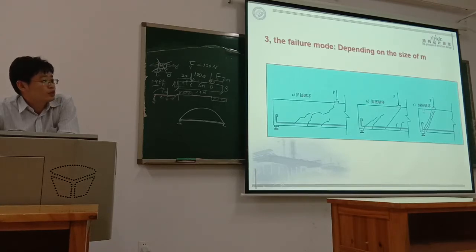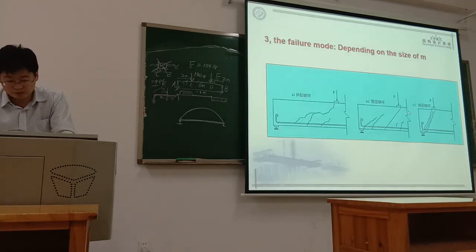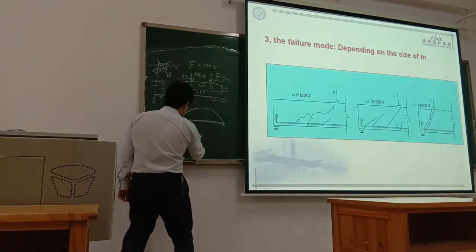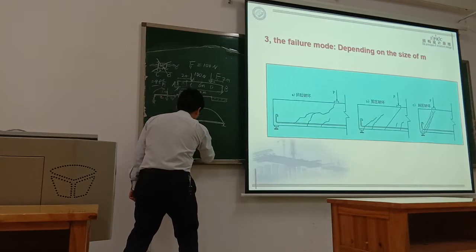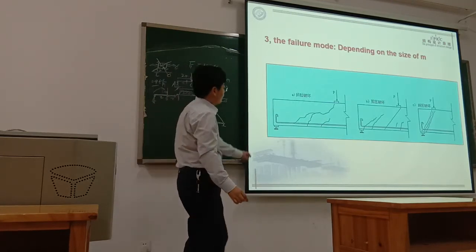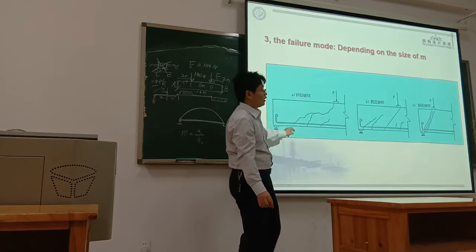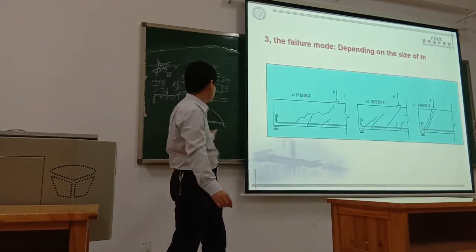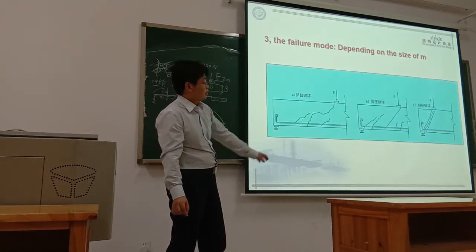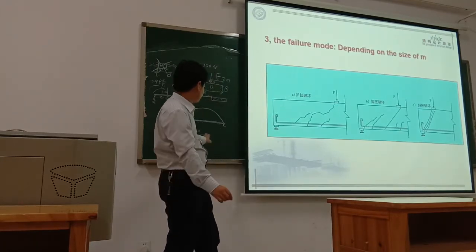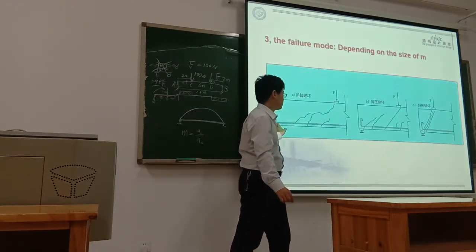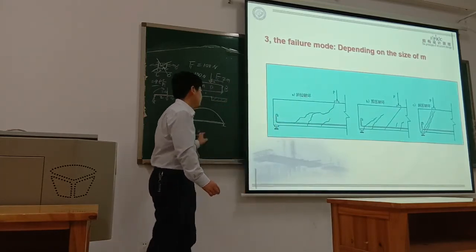So the shear span ratio a divided by h0 is different: here a is the longest, the middle one is smaller, and this one is smaller still. Different values of a, the distance between the force and the supporting point, induce different failure modes.